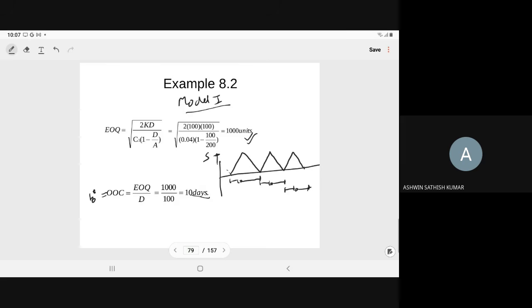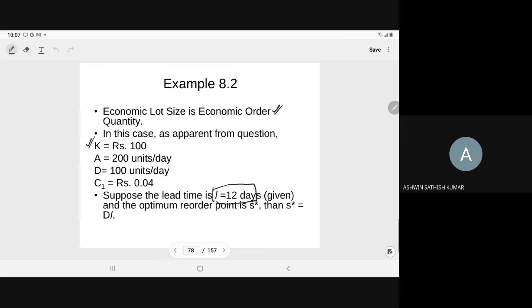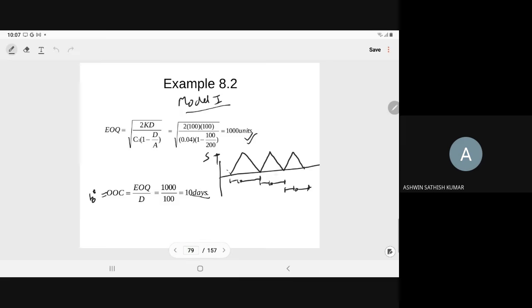Now, question is here the lead time is 12 days. So when the lead time is 12 days, if at this point you require the item, please listen carefully. Very important thing is coming. If at this point you have to restart your production, or this is your reorder point, but lead time is of 12 days.